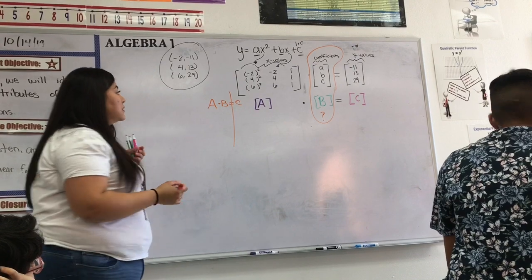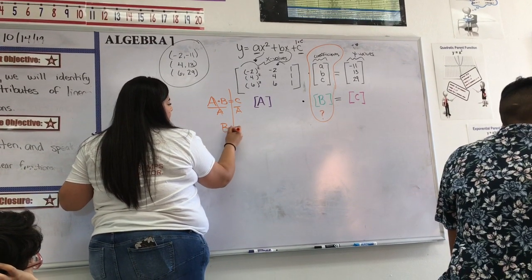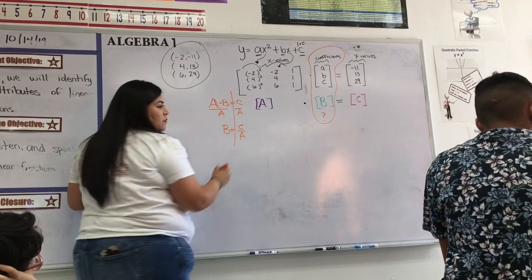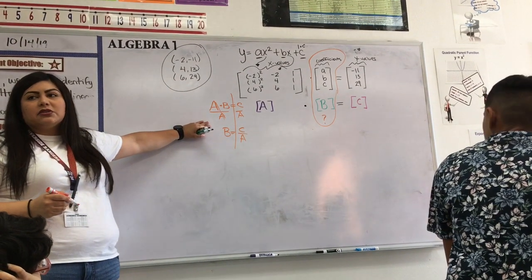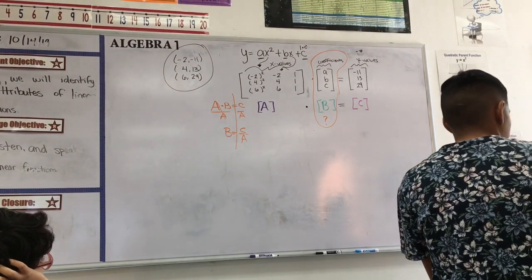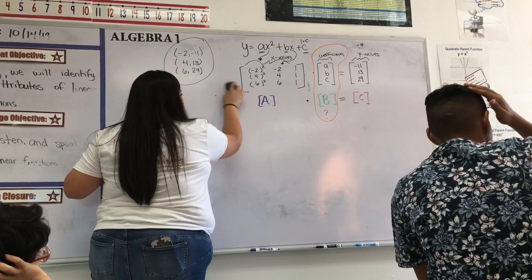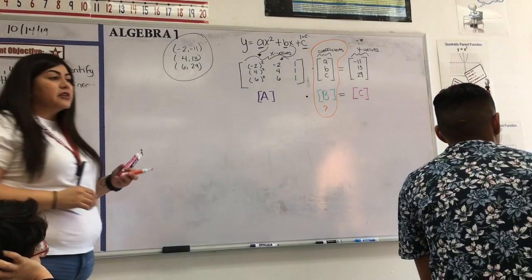Divide by A on both sides, and then it would give me B, right? But is division legal in matrices? No. So we need to find something else to do, which is why we're finding inverses.